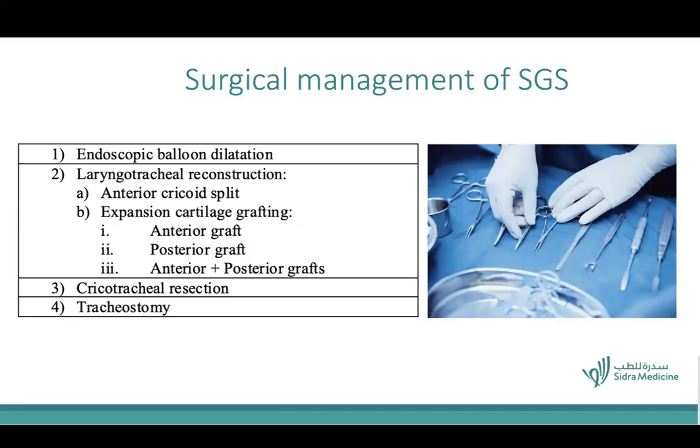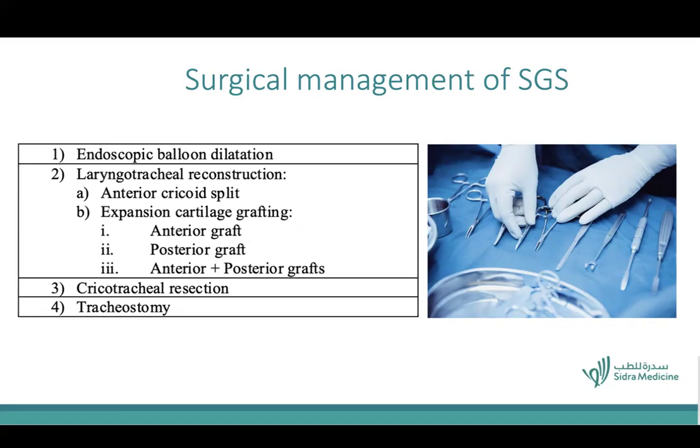We have excellent endoscopic tools at our disposal, which include balloons, micro instruments, lasers, and coblators, and we've become very good with endoscopic work that prevents us from even doing open airway reconstructions or tracheostomies.